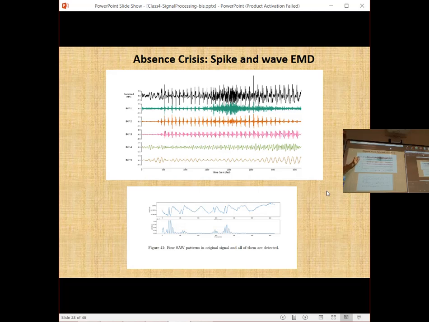Okay, so after some time, we said, why don't we use this EMD decomposition? What would that bring? The idea was that if you have a spike, as you remember from the Gibbs phenomenon I explained to you briefly at the beginning, when you have something sharp or a discontinuity, you have oscillations, which means it can be represented in multiple frequencies. So maybe the spike will spread across different levels of the decomposition.